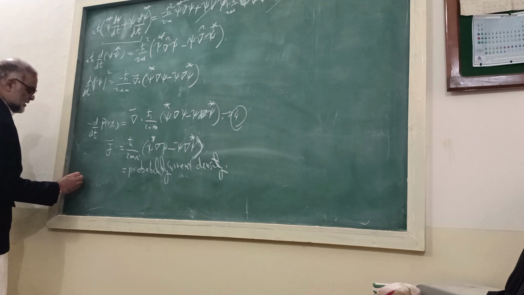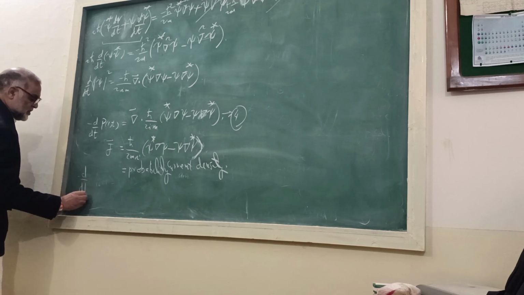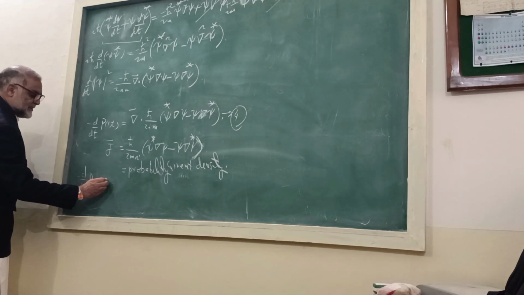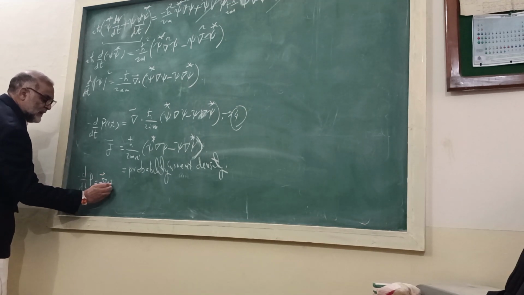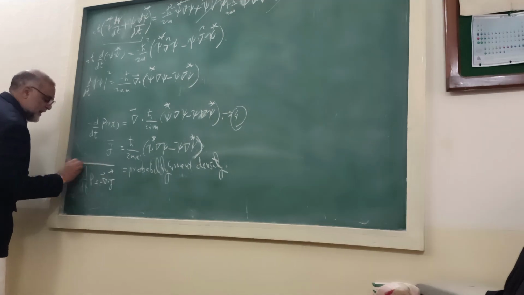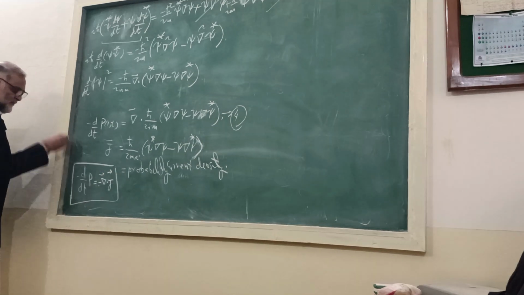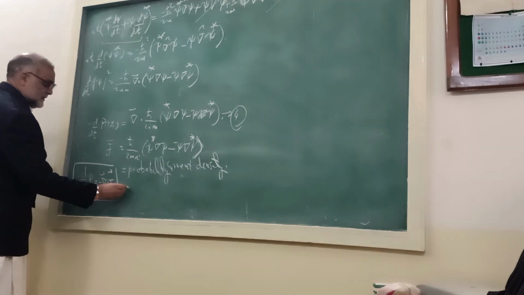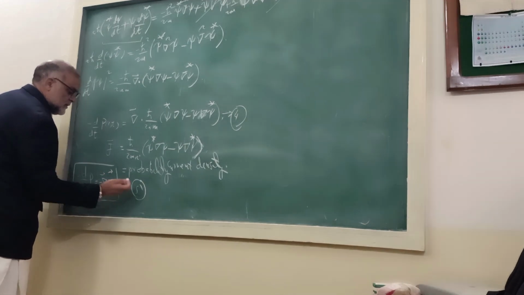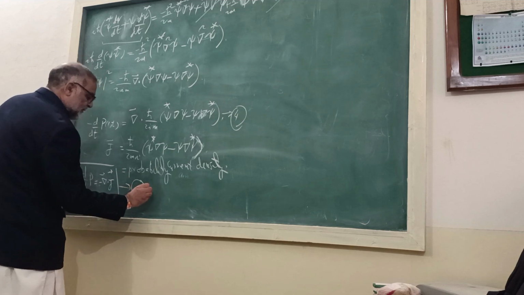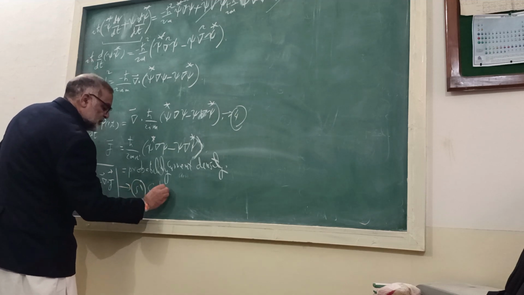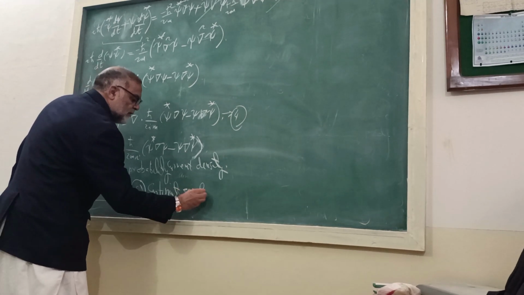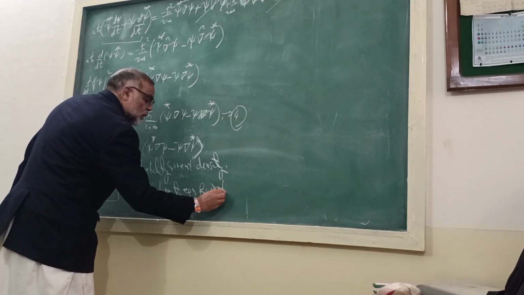So we can write minus d by dt of P is equal to minus divergence of J. That is the continuity equation for probability.